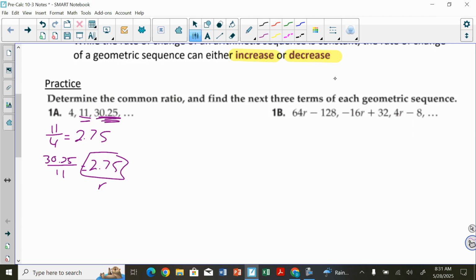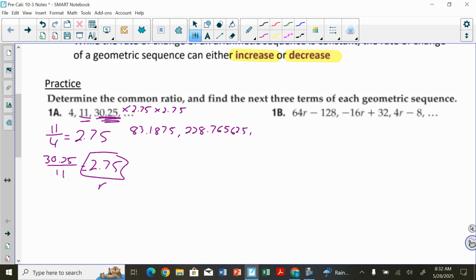That's my common ratio, which means I can multiply by 2.75 over and over again to get my next values, but I have to multiply rather than add. So my next values would be, I think, 83.1875, 228.765, 625.